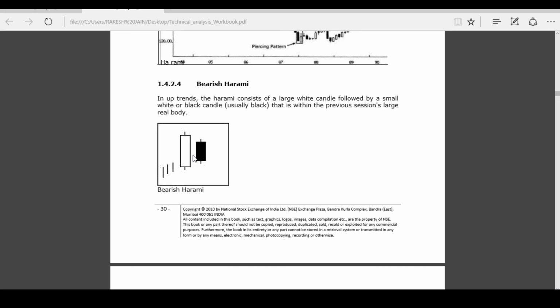Now, how do you take a trade? Just having a Harami is not a very powerful signal for taking a trade, so you need to be careful. There are two ways in which you can take a trade.